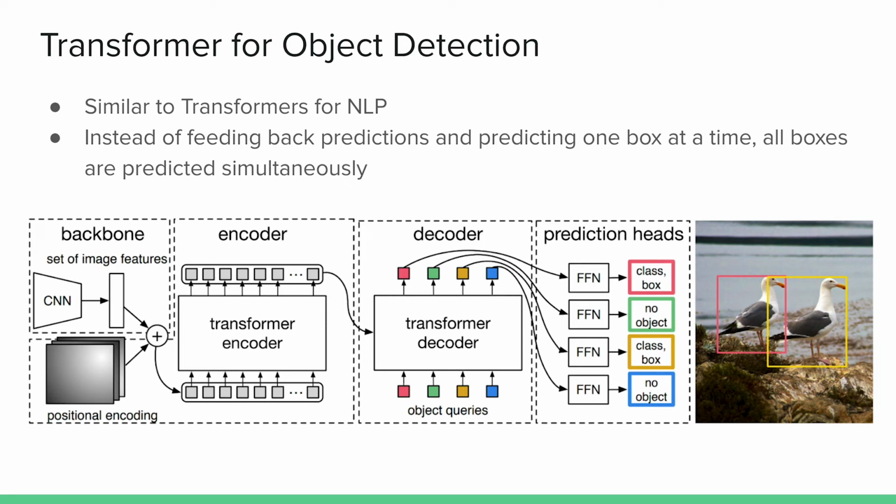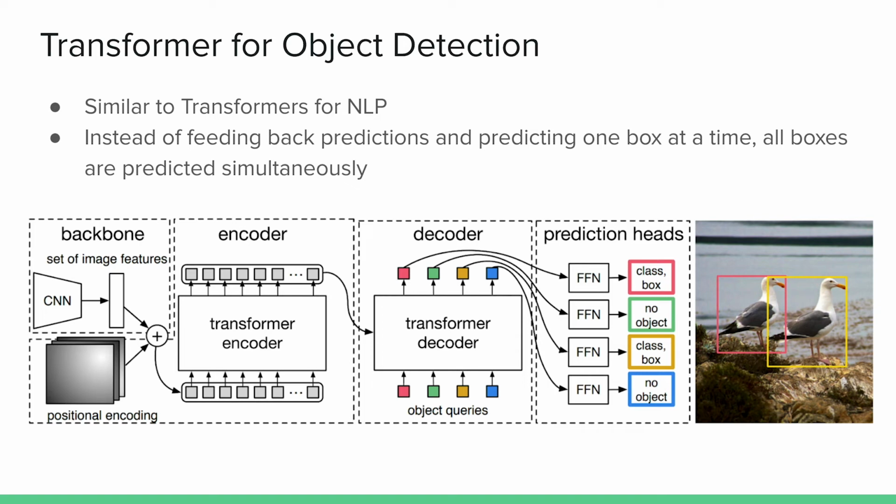They have these so-called object queries in the decoder that are fed into the transformer. For each of these object queries, they produce one output prediction that is then classified and refined with a final feed-forward network.